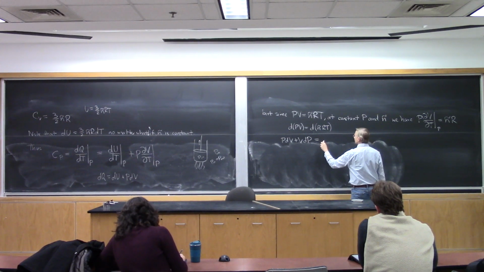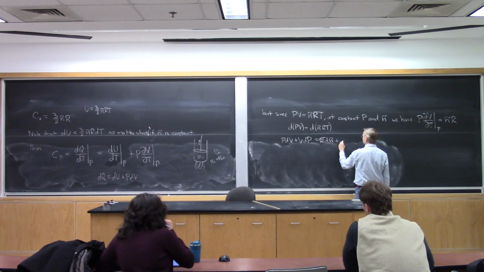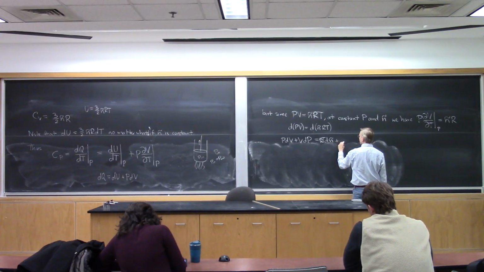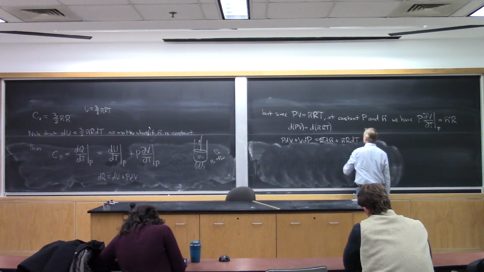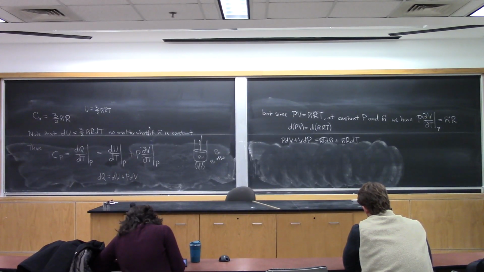So this would be RT dN tilde plus N tilde R dT, if I just take generic differentials of both sides.